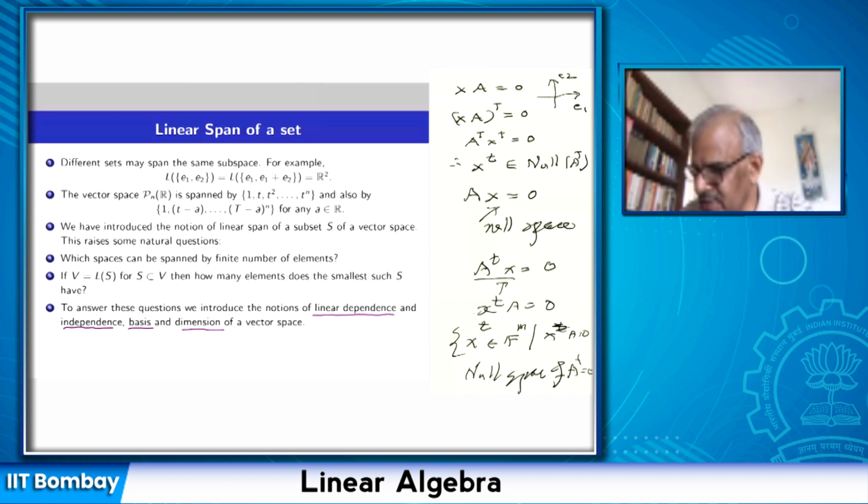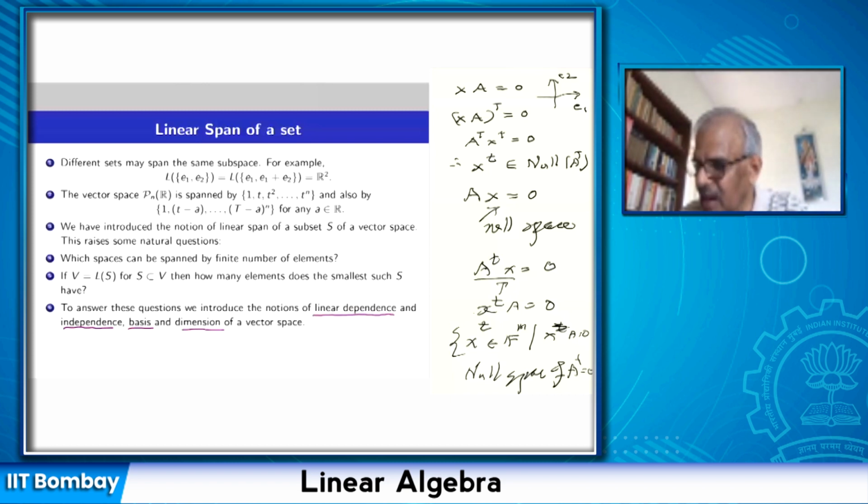And once we understand this, we will be able to prove that if a vector space is finite dimensional, that is, it is the span of a finite set, then any two smallest subsets whose linear span is the whole space will have the same number of elements, and that number will be called dimension. So let us justify these words, that dimension is a unique number associated with a vector space.